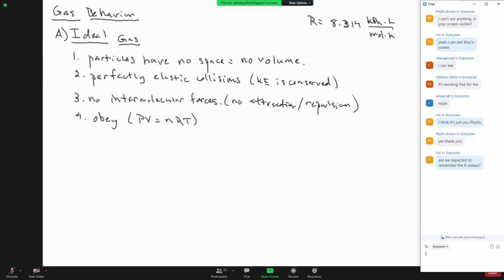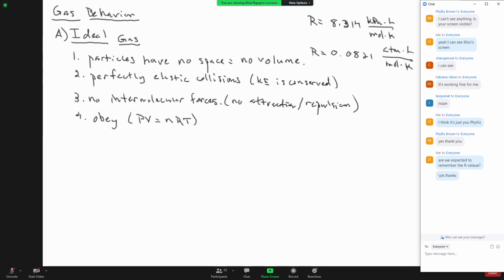Yes, this is one of those things that they expect you to know. And it's going to be 0.00821 when you have atmospheres, liters per mole Kelvin. So it depends on whether pressure is given to you in the normal sense with pascals or in the atmosphere sense.